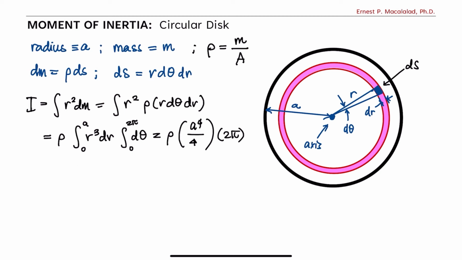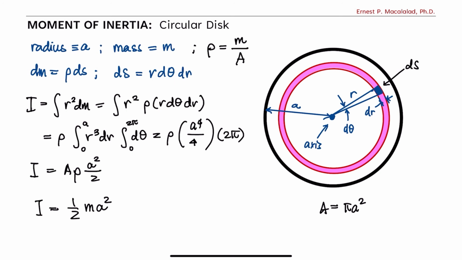Since the area of your disk is pi a squared, that means this pi times a squared of this a to the fourth will be equal to A. So doing the substitution, this becomes A rho times a squared over 2. Since the mass of your object is equal to A times rho, therefore, the moment of inertia will be equal to 1/2 M a squared.